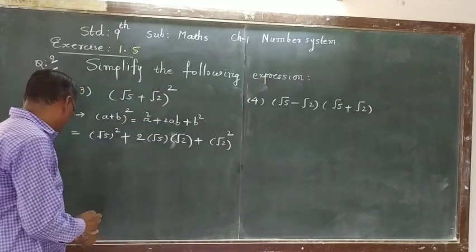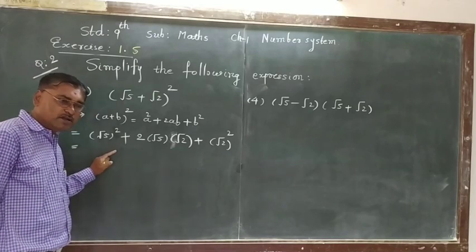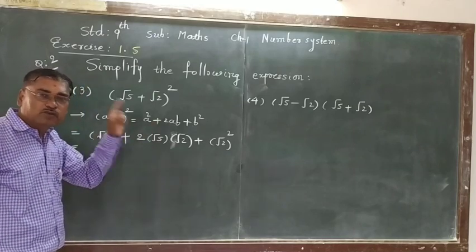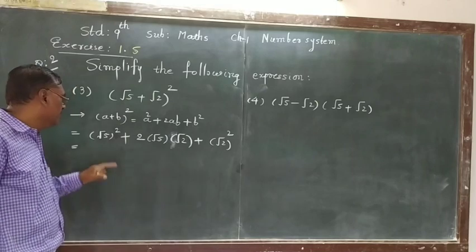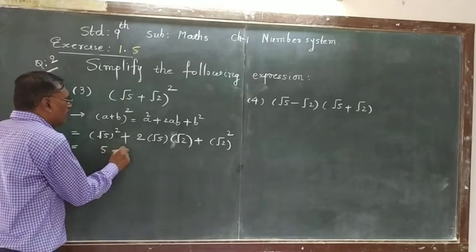Now see, we know that root 5 square is 5. How? Root 5 multiply root 5 is root 25, and the square root of 25 is 5.